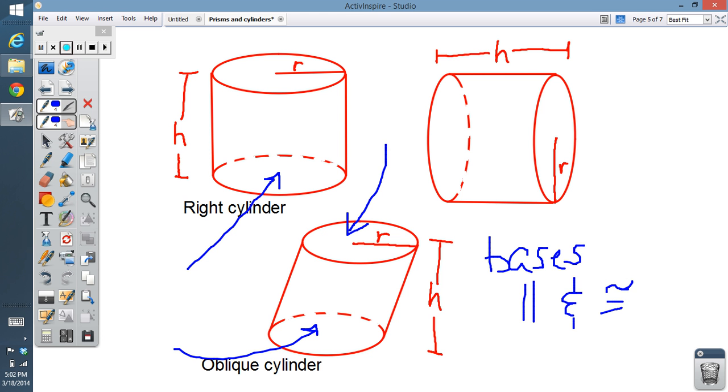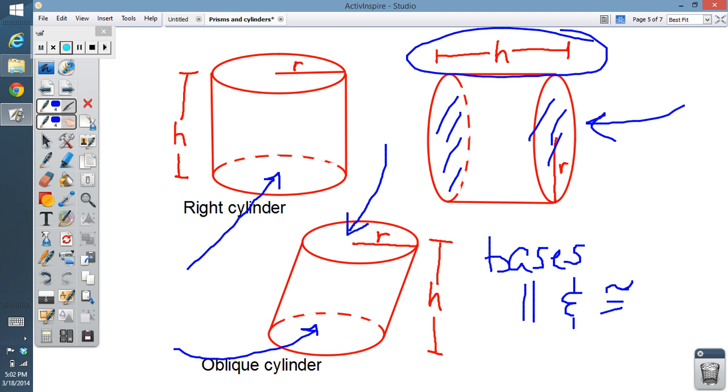Okay, once again, they can be laid on their sides and still have the same kind of formula. We still look at these bases as being here and the height as being the distance between the bases. We still have the same issue with an altitude for an oblique cylinder. Okay, so nothing else really changes here.